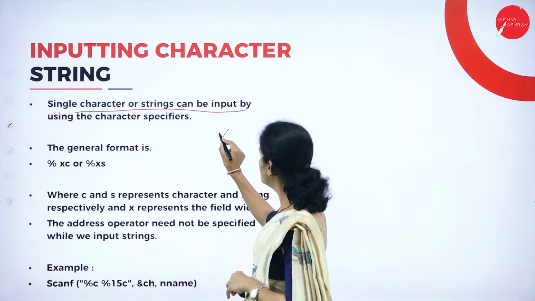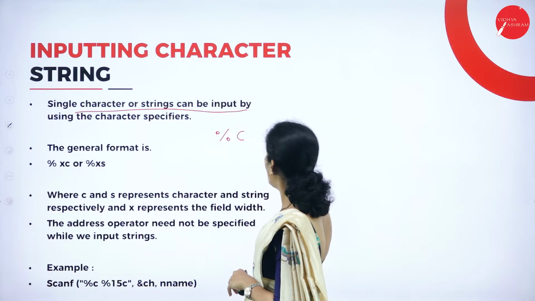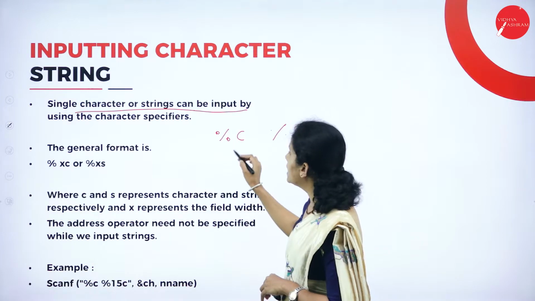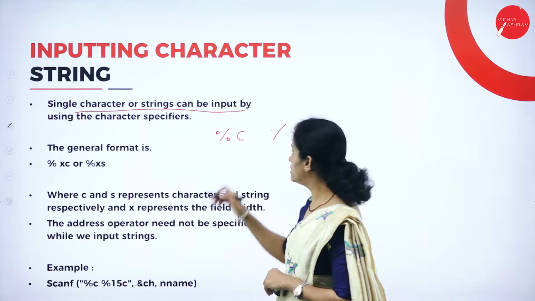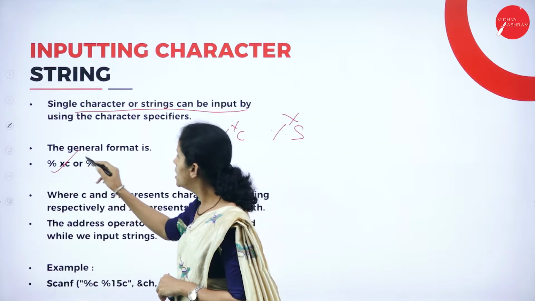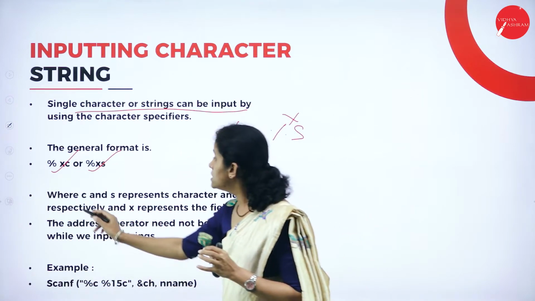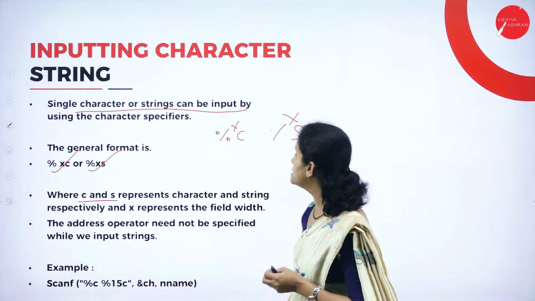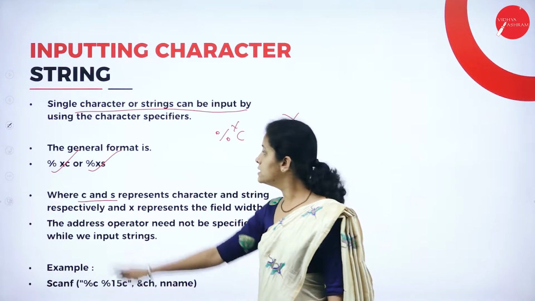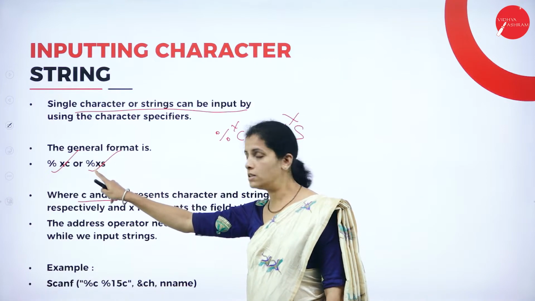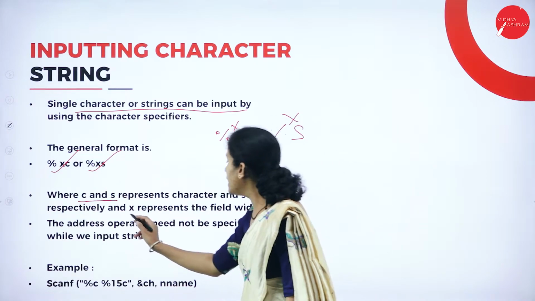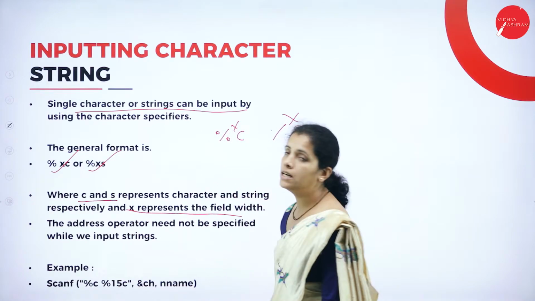So, what is the general form? %C or %S, and I can specify the width X. Here C and S represent character and string respectively. C is character and S is string, and X represents the field width.